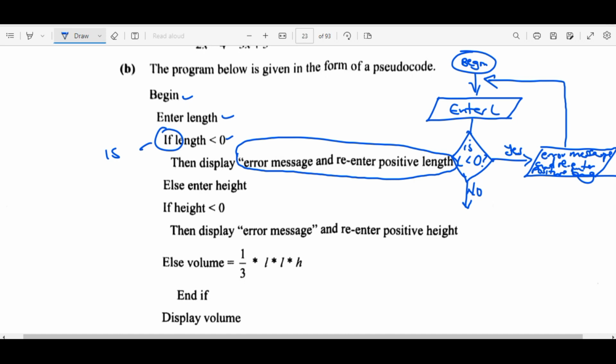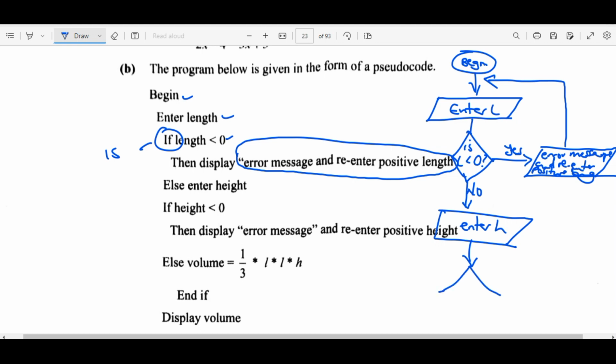Now if at all we said no, then else enter height. So we're going to enter height there. So enter h, where h is the height. Then else. When you hear else, a decision has to be made.